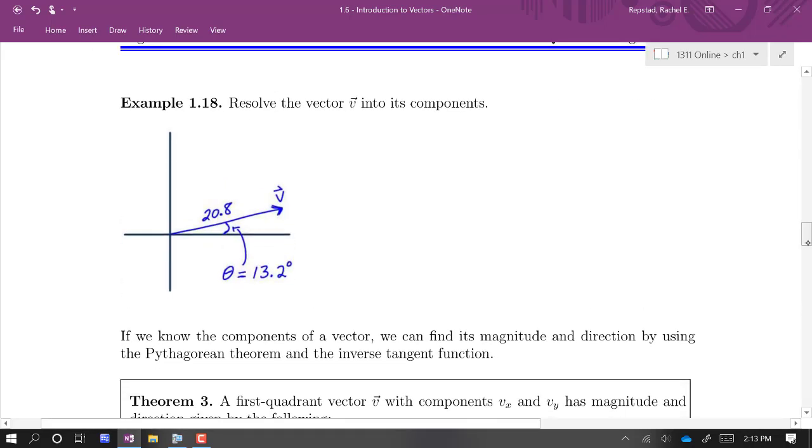All right, let's do another one. Here they ask us to resolve this vector into its components. So we have a magnitude of 20.8 and an angle of 13.2 degrees. This one's already been drawn for us. 13.2 degrees, pretty shallow angle. So I'm going to expect this to be mostly x component, bigger than the y component. Vx is magnitude times cosine and Vy is magnitude times sine.